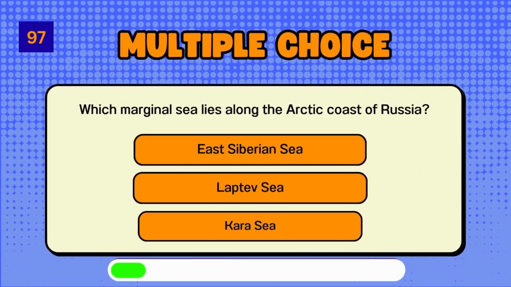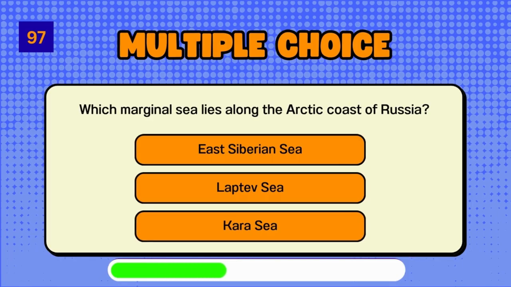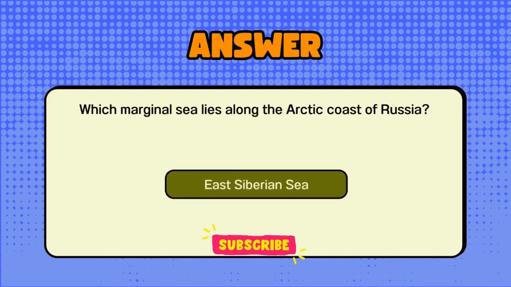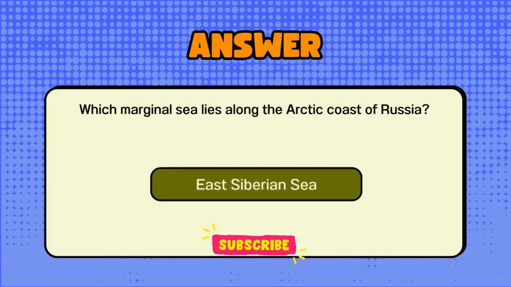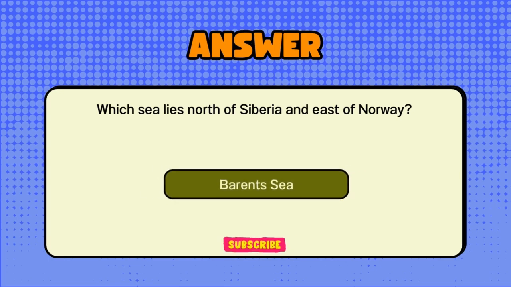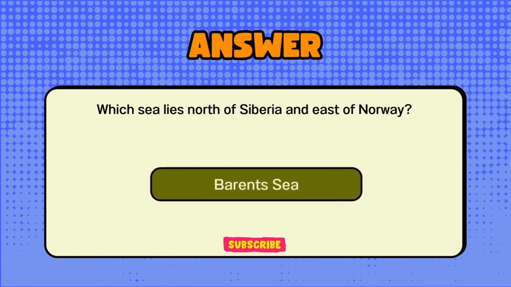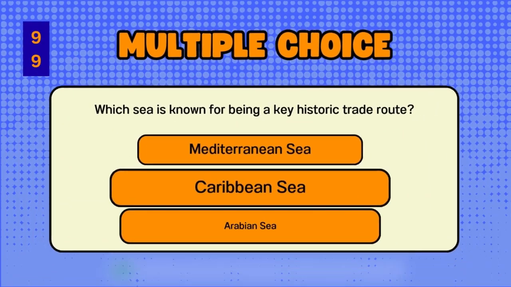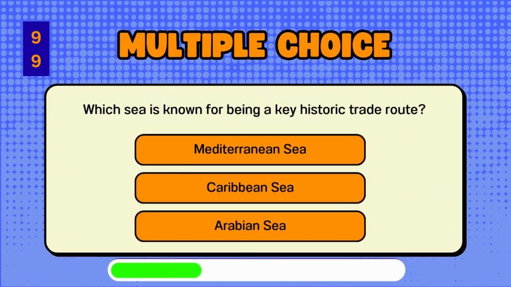Which marginal sea lies along the Arctic coast of Russia? Which sea lies north of Siberia and east of Norway? Which sea is known for being a key historic trade route?